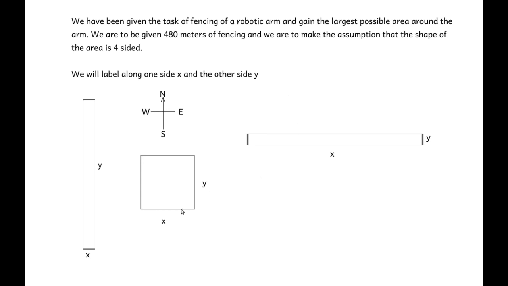So what we've got here, if we take our fencing as this square or rectangle, we've got X and Y, so we'll designate one side as X and one as Y. And what we can get in the extremes is a long, thin rectangle this way, where Y is very, very long, and X could be down to a metre, which wouldn't be much use for the robotic arm, but just for argument's sake, it could be a metre wide, giving you a lot of length in the north direction, but not much width.